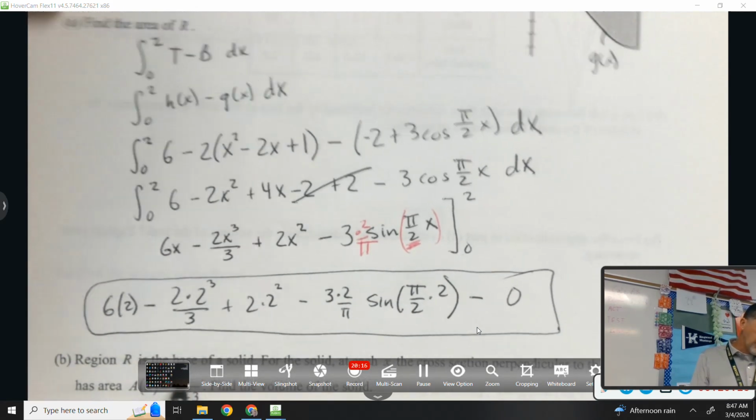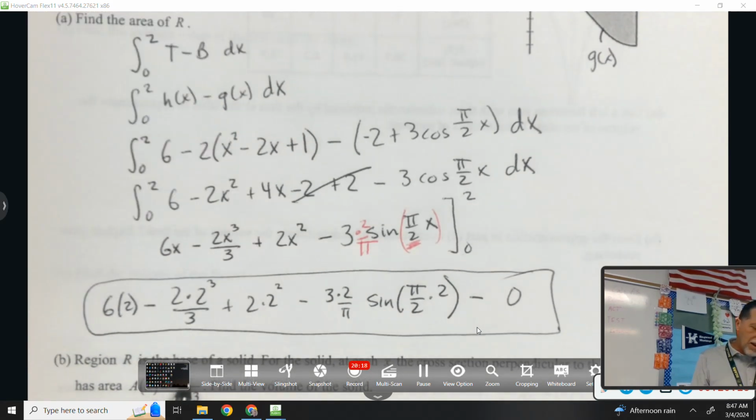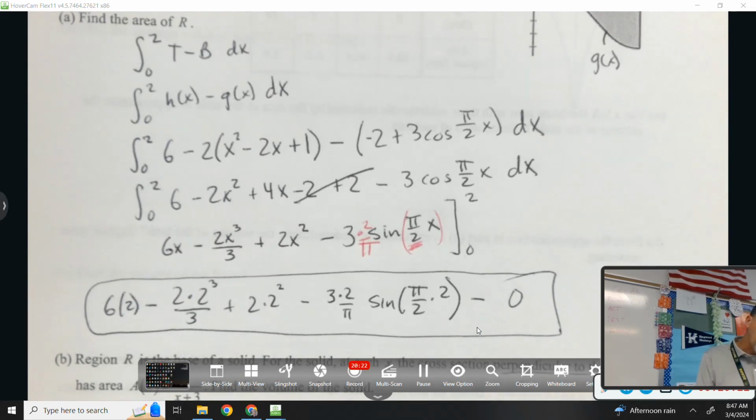Region R is the base of a solid. For the solid, at each cross-section perpendicular to the x-axis, dx, at each x, the cross-section has an area of 1 over x plus 3. Find the volume of the solid.